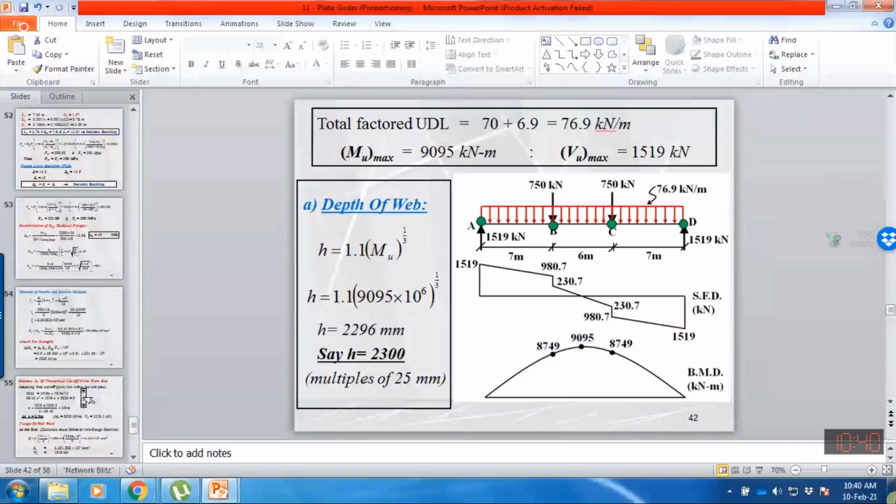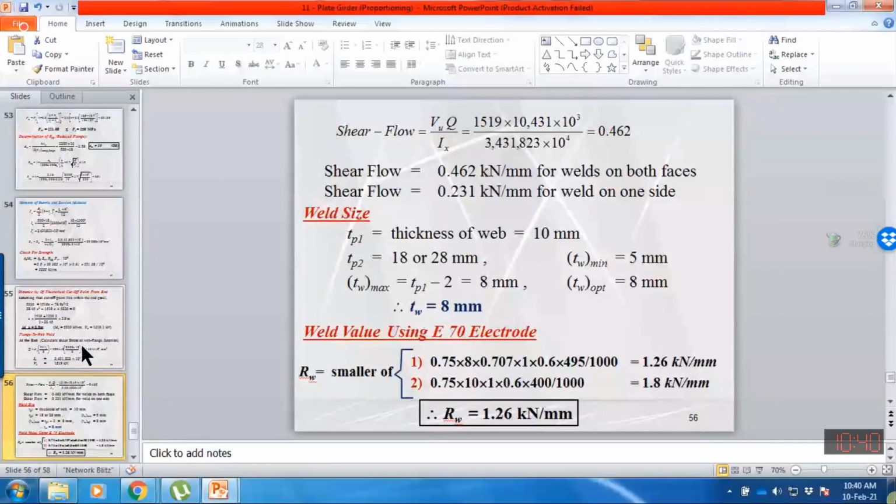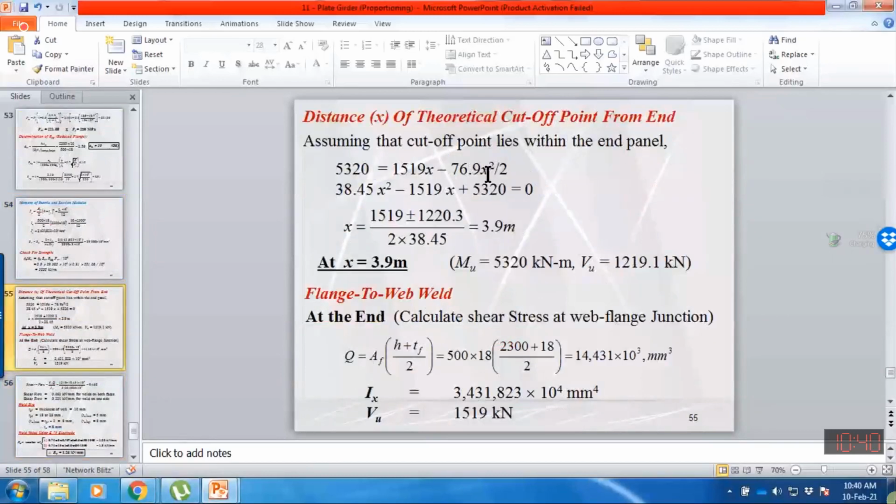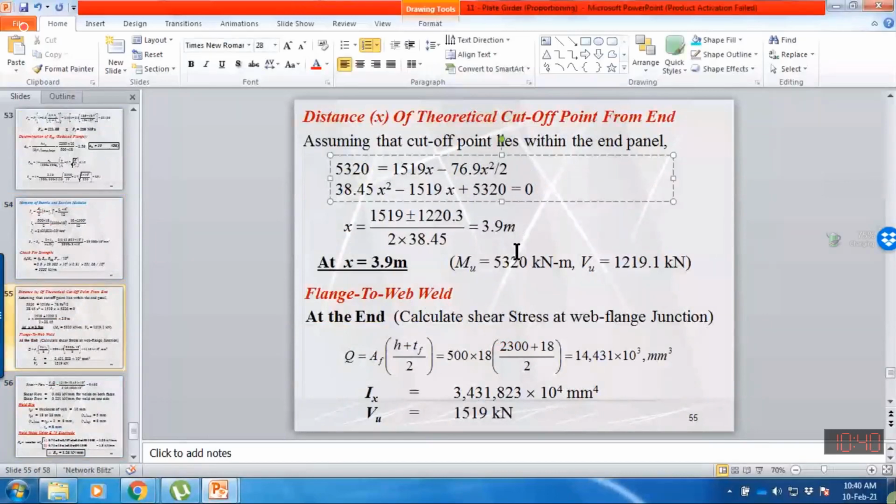So we have written this equation. This equation is actually derived by this concept.